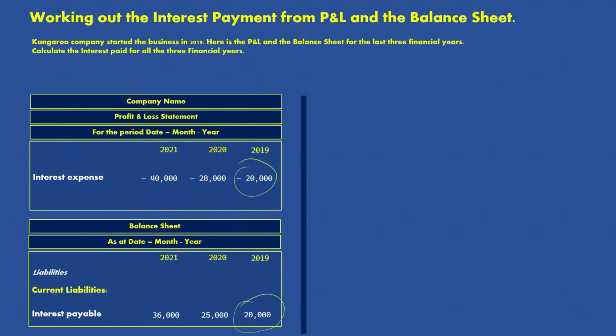Now this was first year, so it was a little more easy to understand, but in the next year it will become a little complex. So we would rather learn a systematic way of doing that, and that systematic way is, let us create this small schedule where we mention that the opening balance is 0, and then the interest expense will be added here, and then we will calculate the closing balance, that is also $20,000.